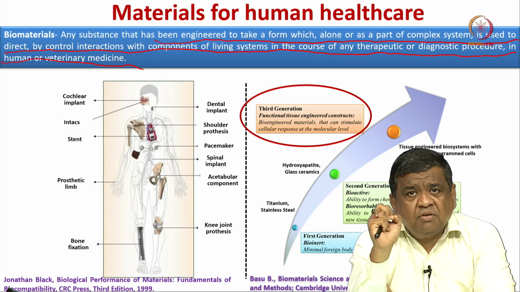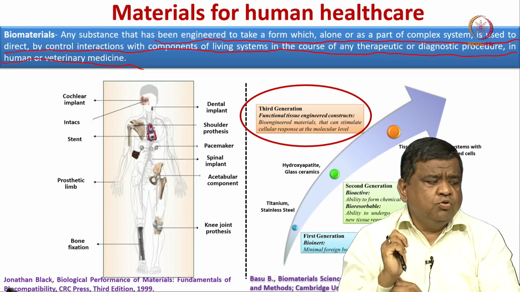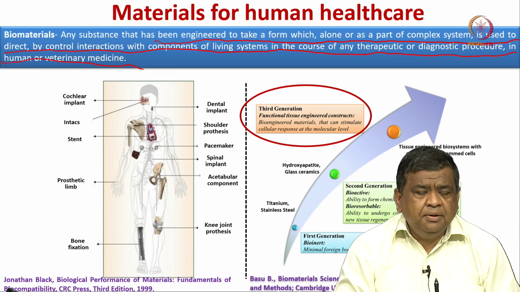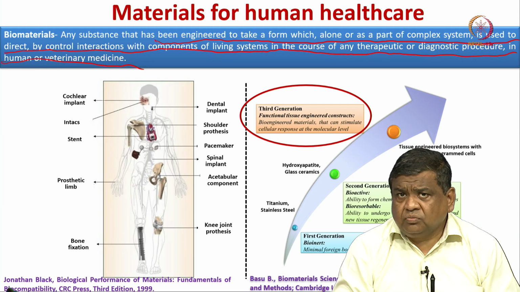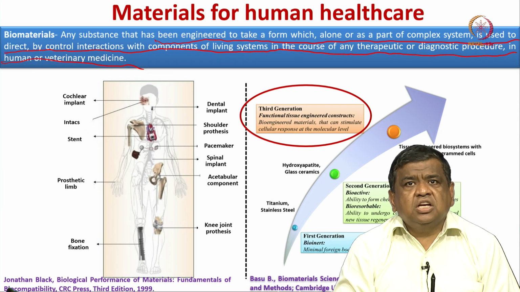Now, these components of living system essentially means cells, protein, blood, tissue and so on. So, if a material is to be used for bone related applications, then you have to consider the interactions of that material or scaffolds with the bone cells.